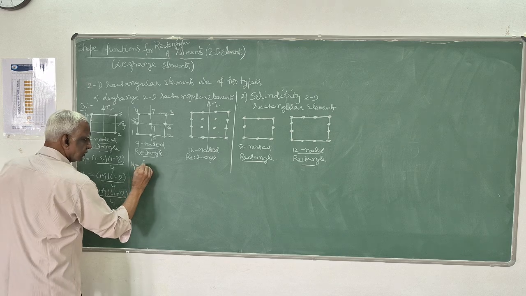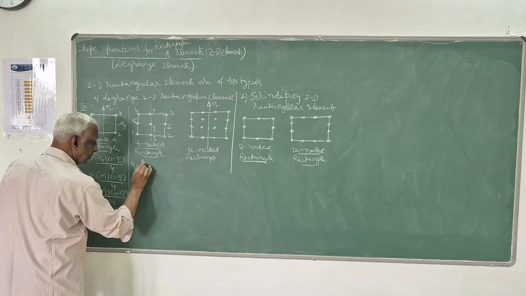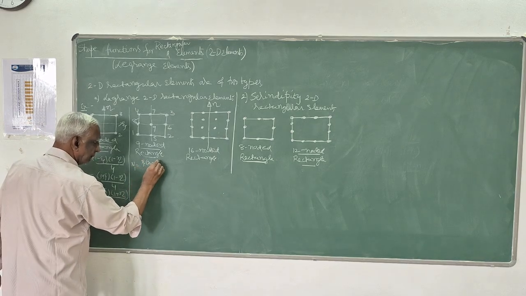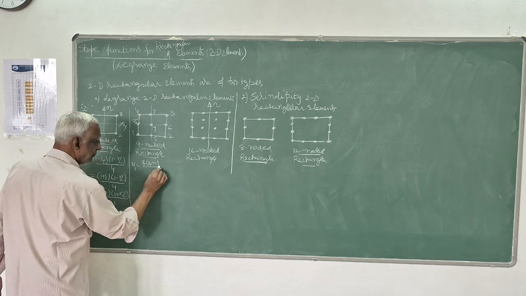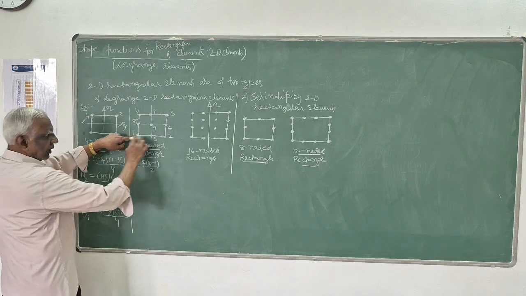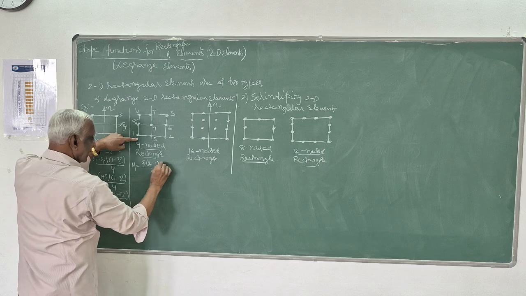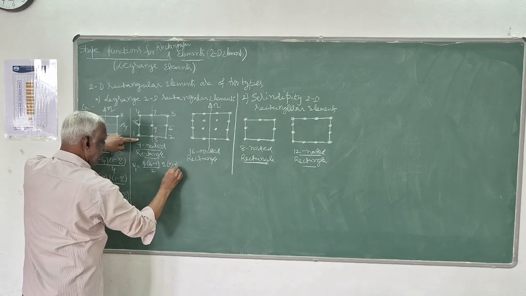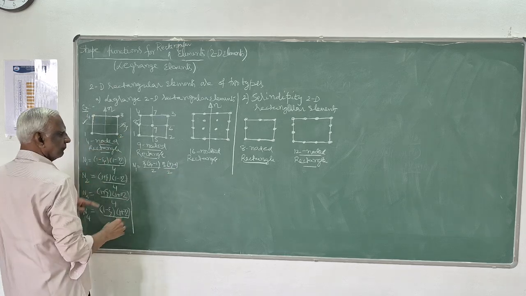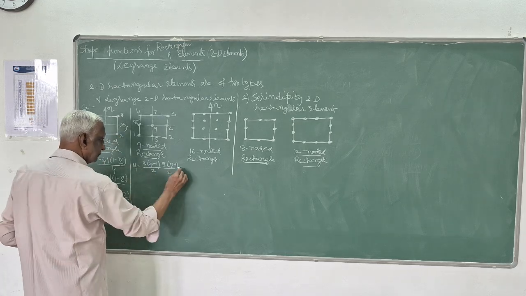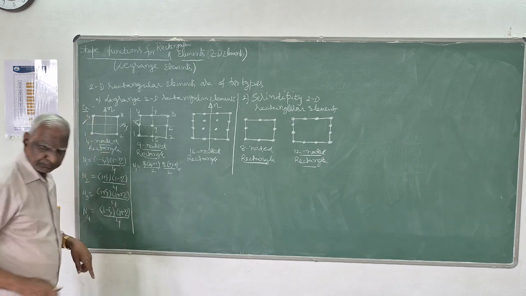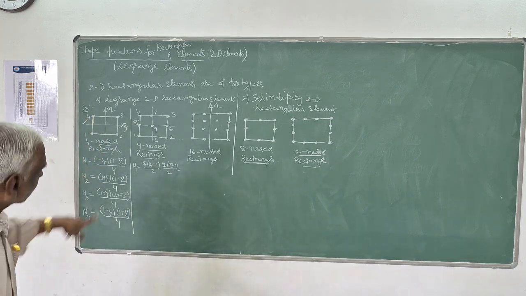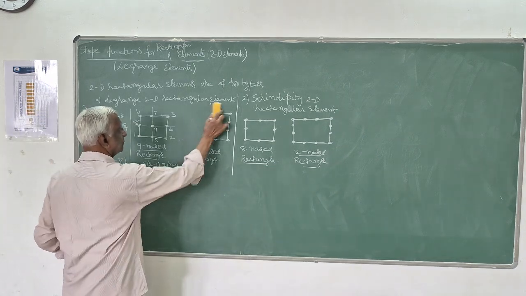For this, you know it is psi into (psi minus 1) divided by 2. For this, it is eta into (eta minus 1) divided by 2. So this net result, I am writing for the 9-noded rectangle.